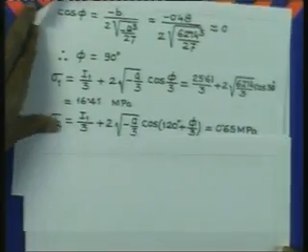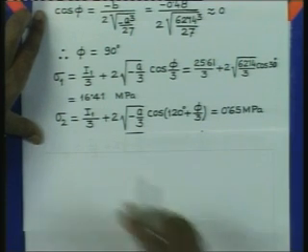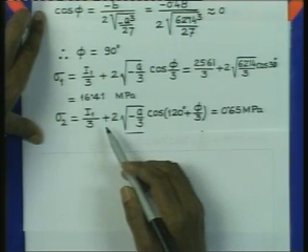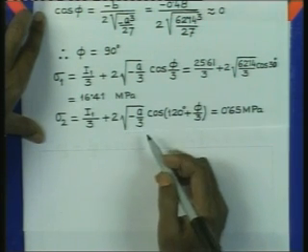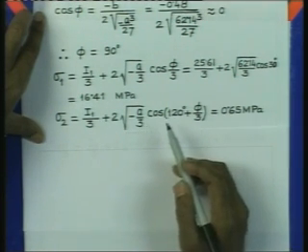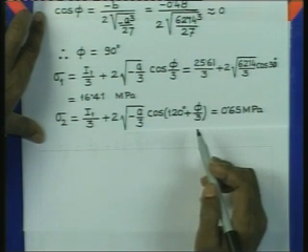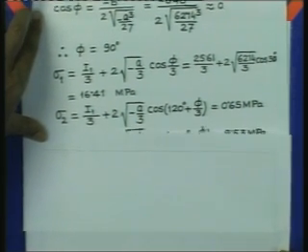Similarly, if we consider the second principal stress, it is given by sigma 2 equal to I1 by 3 plus 2 square root minus a by 3 cosine 120 degree plus phi by 3. Again, once you simplify, you get the sigma 2 stress as 0.65 MPa.